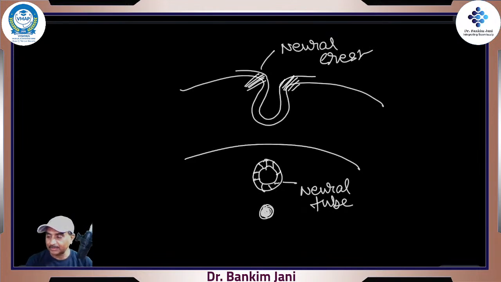It goes like this. Let's change the color so it becomes more clear. These edges, these sides, they don't remain straight. They in fact start going down, right? So the formation would be something like this. Remember, this is the amnion, right?